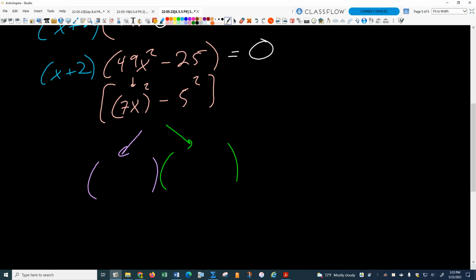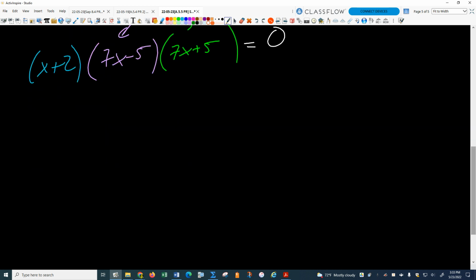Right, but if we're just going to use that pattern, a squared minus b squared, that's going to give us 7x minus 5 times 7x plus 5. Good. And then don't forget the x plus 2 out front.